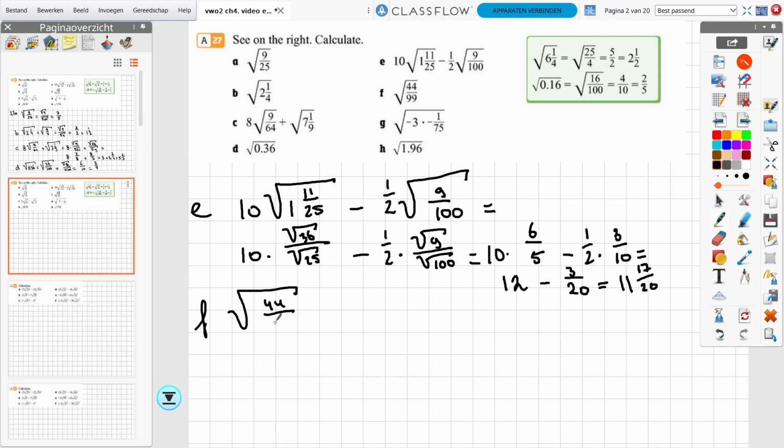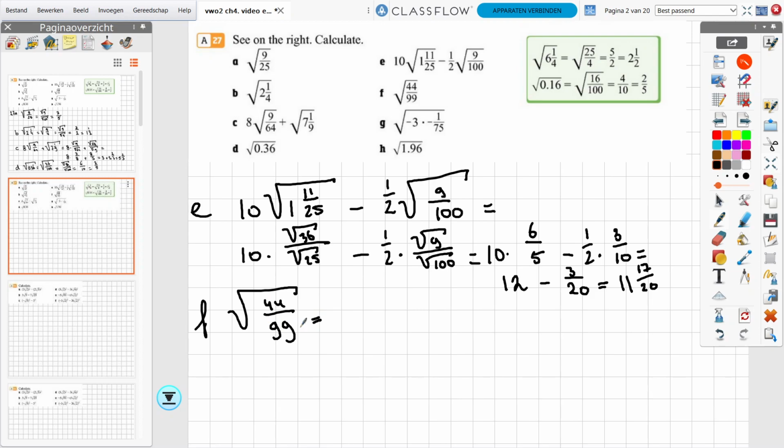Take a look at F. And this one you would say, oof, how can I do this one? Because 44 doesn't have a nice root, 99 doesn't have a nice root. Oftentimes what you then must do is see if you can divide the top and the bottom by a number in such a way that you then find numbers you can calculate.